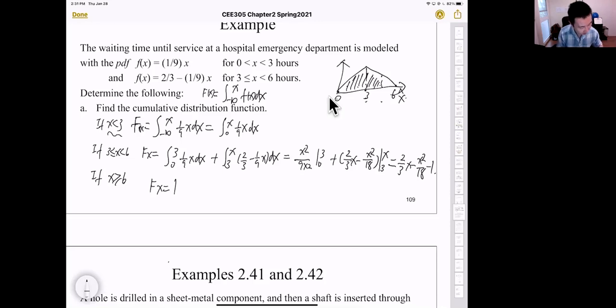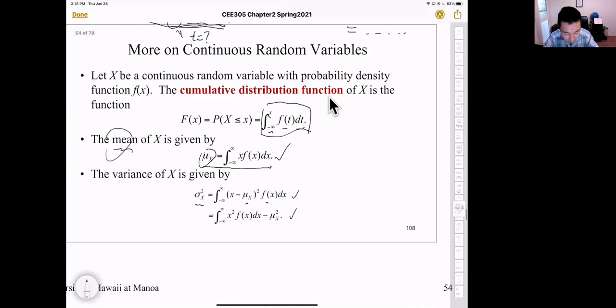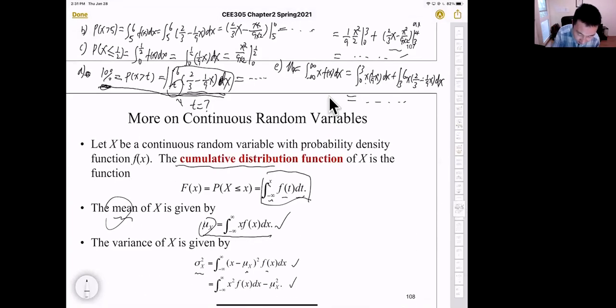Okay, any questions about this before we get to the next question? I'm sorry, can you repeat that last part? If it's greater than 6, why is it equal to 1? If it's greater than 6, the cumulative function will be this area, the whole triangle, right? Because the cumulative distribution function is defined as the probability from negative infinity to x.